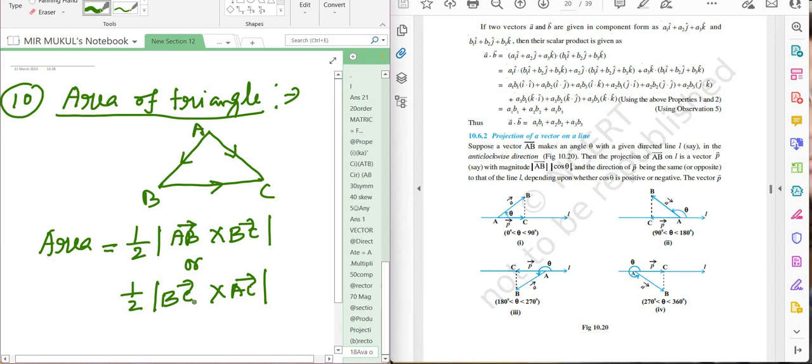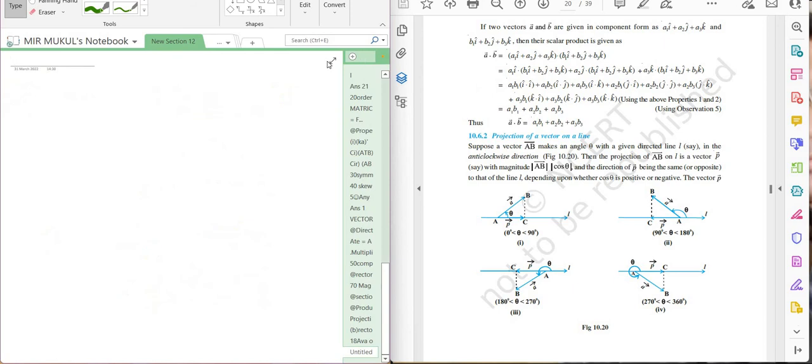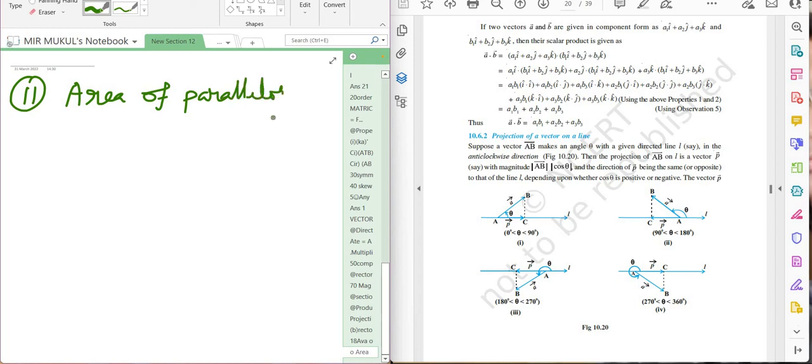And if you want to find the area of a parallelogram, then the half will not come. If two adjacent sides are given, then the area of the parallelogram will be, that I am also explaining, concept 11, area of parallelogram.